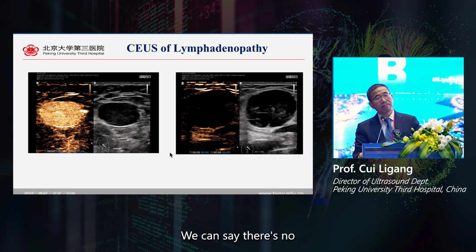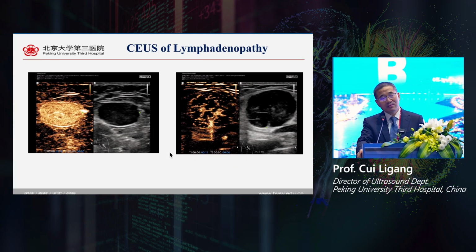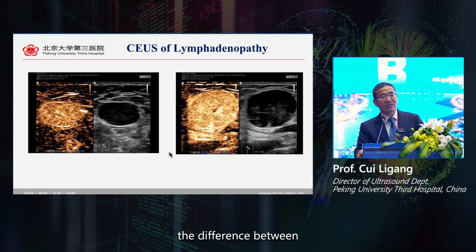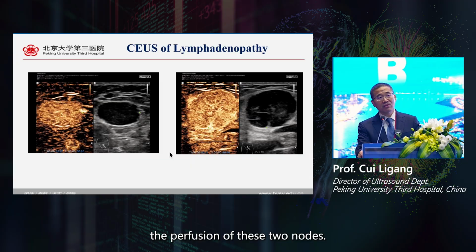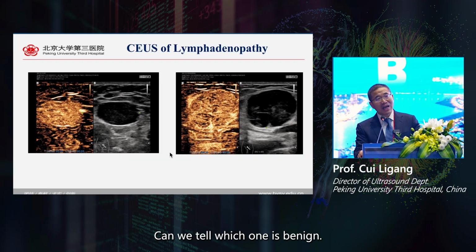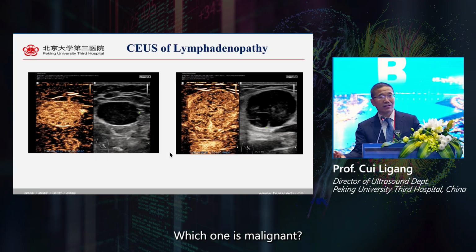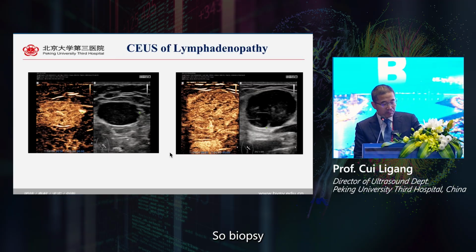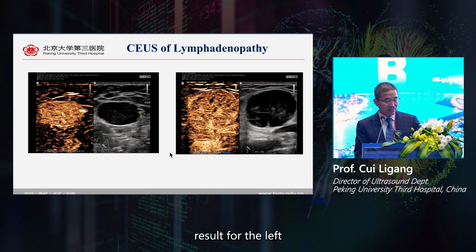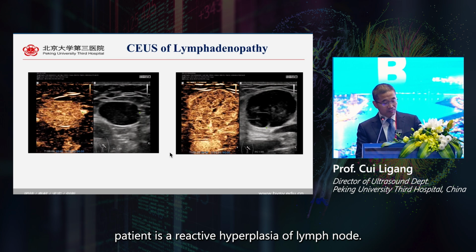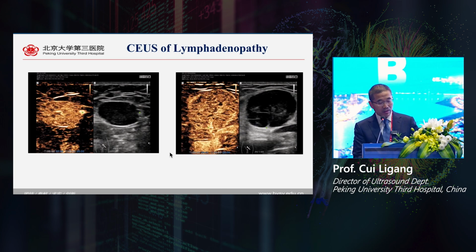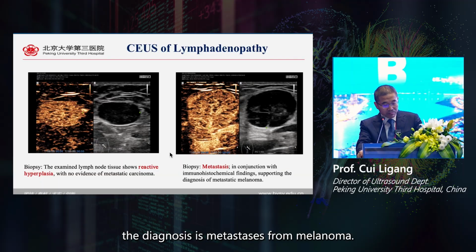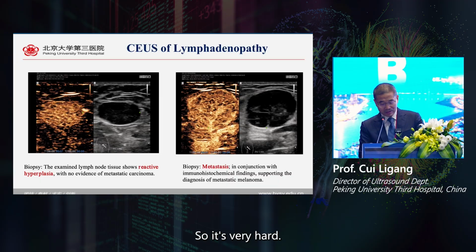For sure, we can say there's no necrosis area within the lymph node, but can we tell the difference between the perfusion of these two nodes, can we tell which one is benign, which one is malignant? I think the answer is no. It's very hard. The biopsy result for the left patient is reactive hyperplasia of the lymph node, but for the right patient, the diagnosis is metastasis from melanoma. So it's very hard.